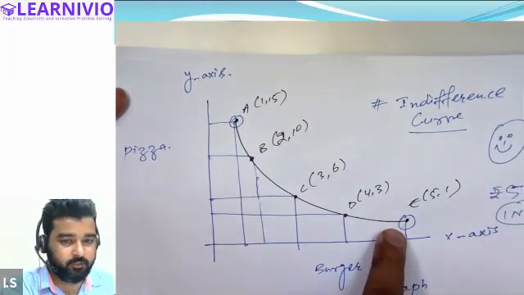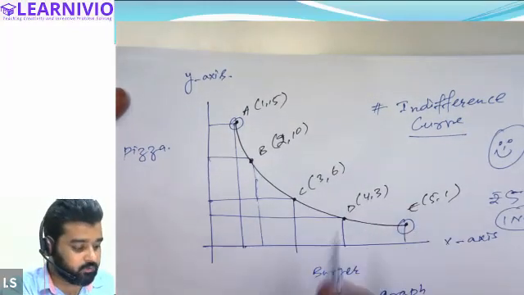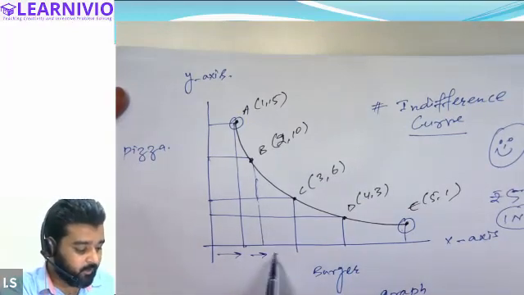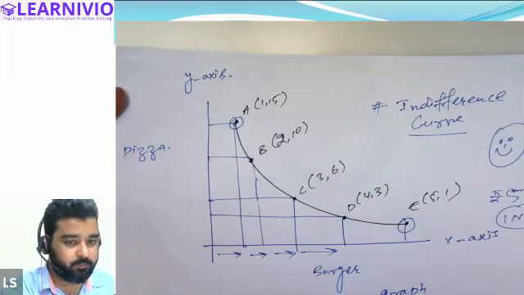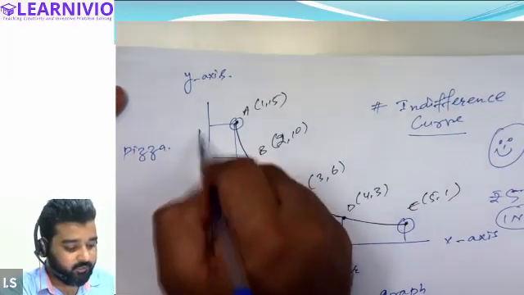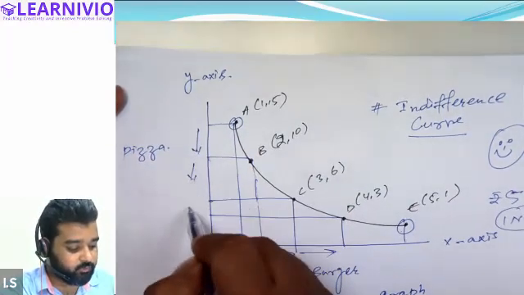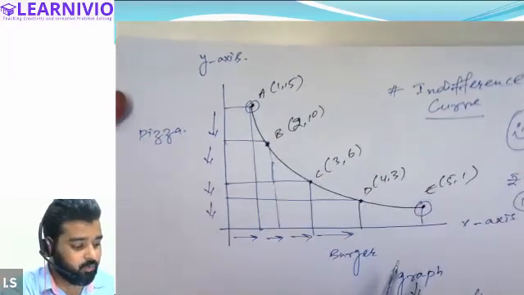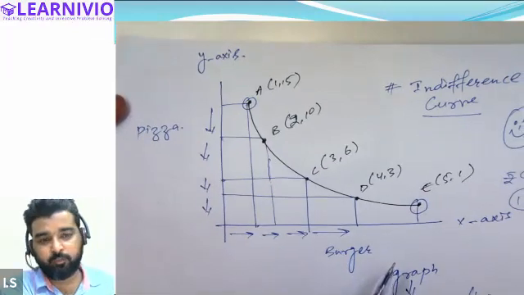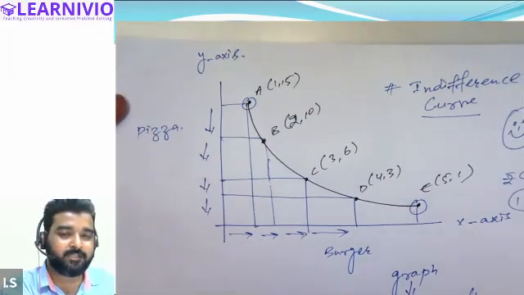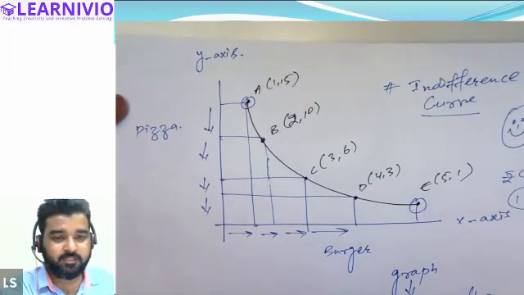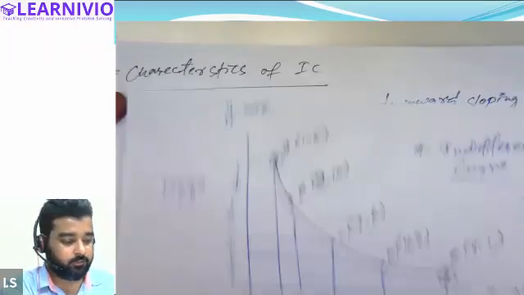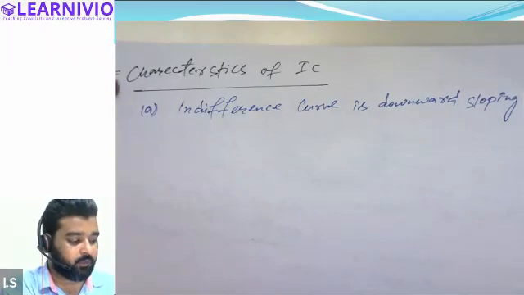Because when we increase the quantity of burger by 1 unit, we need to sacrifice a few units of the pizza. Correct. Because we gain 1 unit of the commodity only by sacrificing some units of the other commodity, as a consequence of which the indifference curve becomes a downward sloping curve.